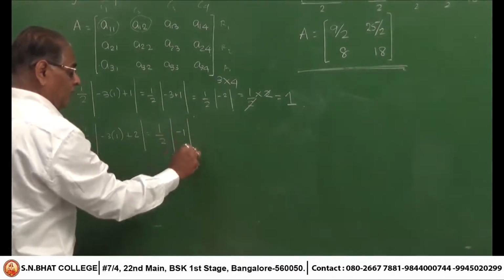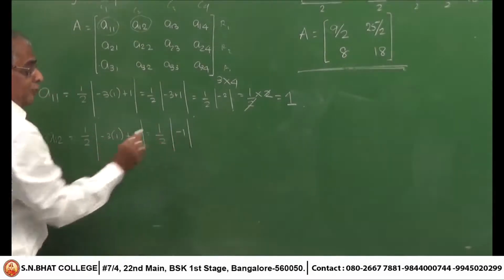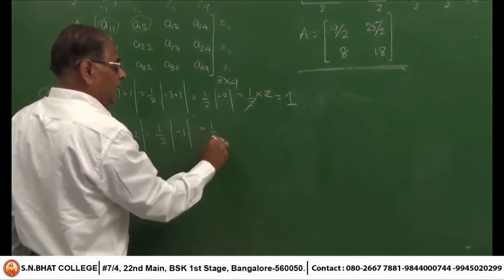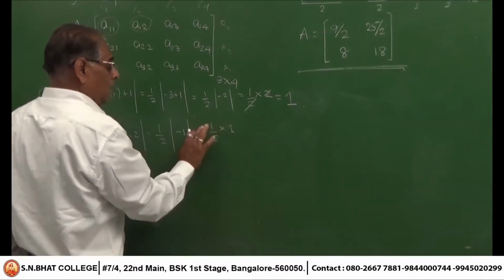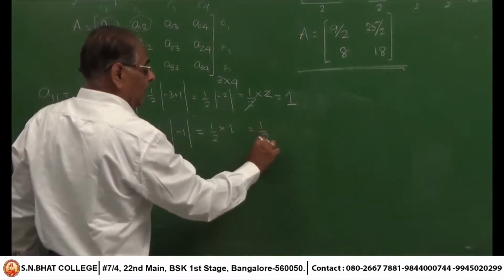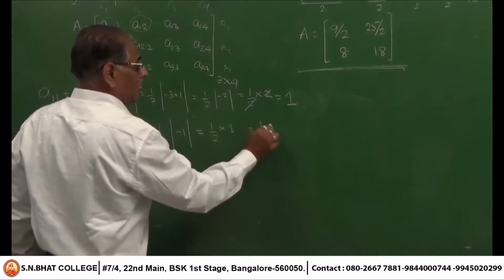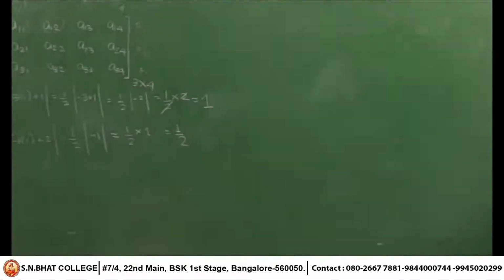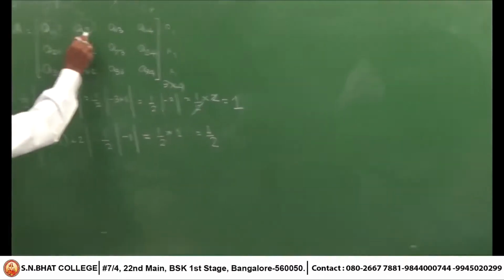Minus 3 plus 2 is minus 1. Modulus of minus 1 is plus 1. The final answer is 1 by 2. The second element is 1 by 2. We have finished calculating A11 and A12.